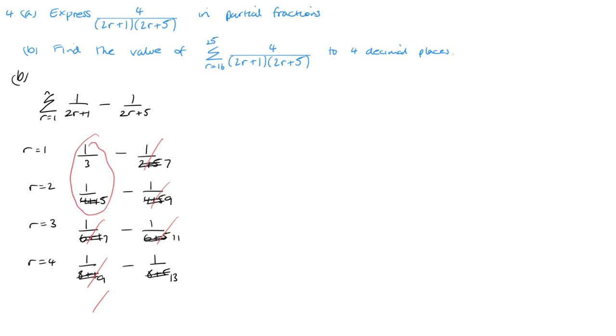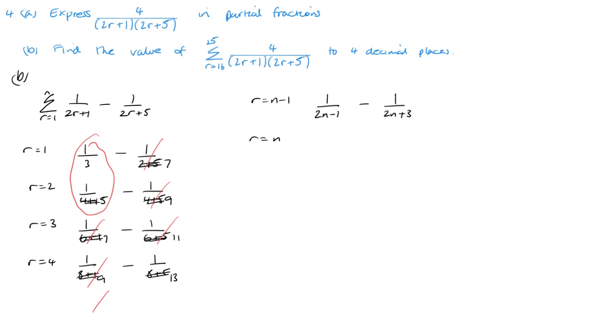Okay, so now if we look at the next set of the patterns, we're going to need the last two, so r equals n minus 1. So that will be 1 over 2n minus 1 and 1 over 2n, so plus 3.